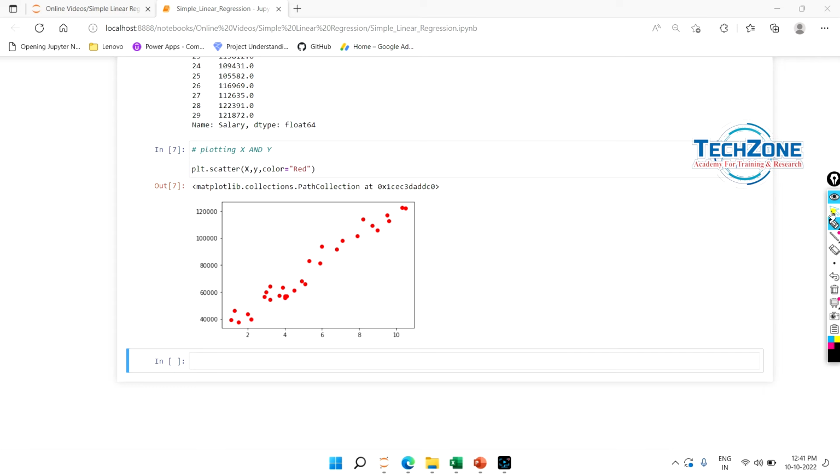Alright, so let us go ahead and split our data set into training and testing. For that we need to import model selection from sklearn.